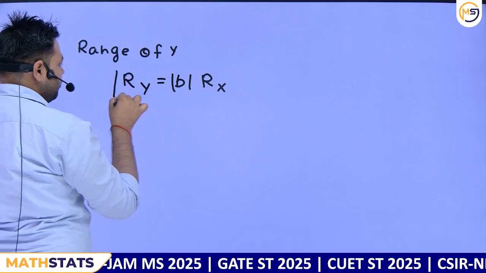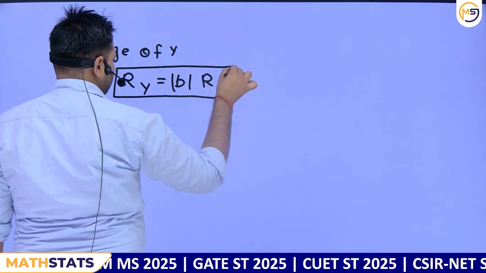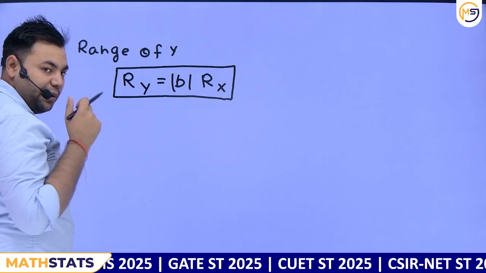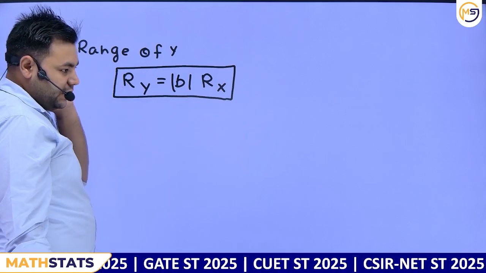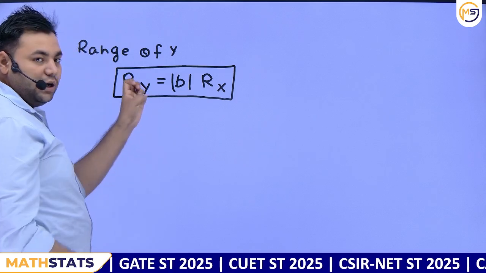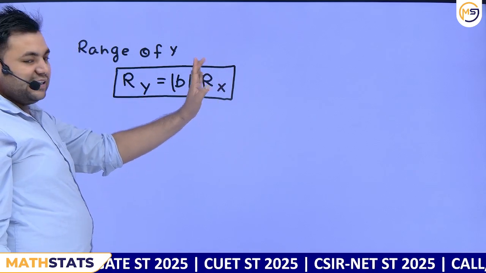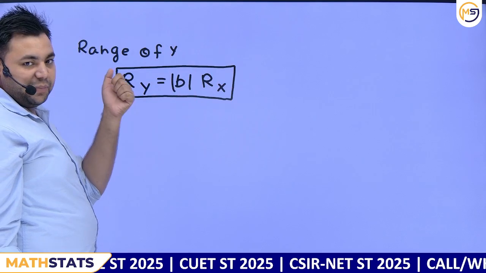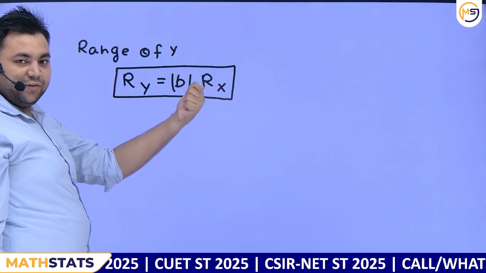So this relation holds. So two properties of range: first, if all observations are equal, say c, then range equals 0; second, change of scale and origin.